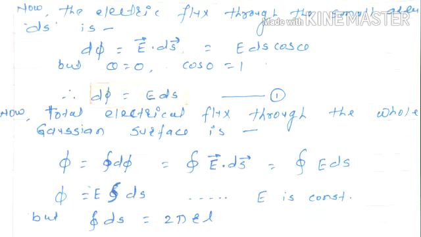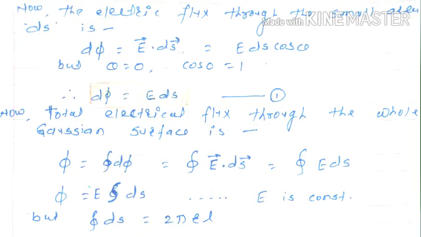We know the rules of integration: we keep all constant quantities outside the integration sign. Here the value of E is constant, so we keep it outside. So phi equals E times the integration over the closed surface of ds.